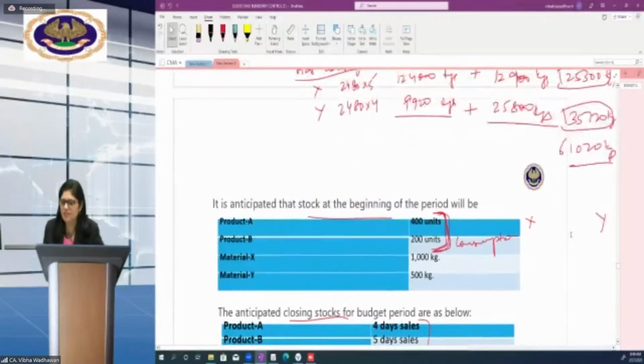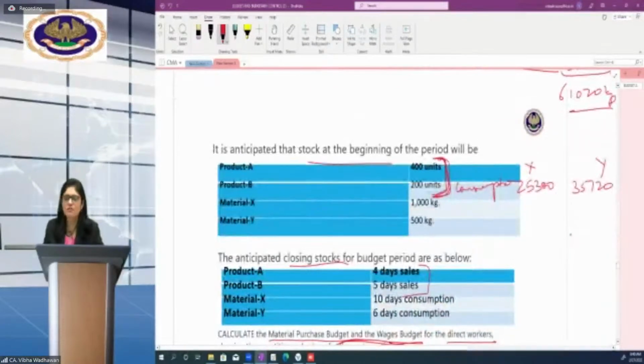The consumption of material we have just calculated: how much consumption do we require? 25,300 for X and 35,720 for Y. This is the consumption we require plus closing stock. The closing stock is 10 days consumption.